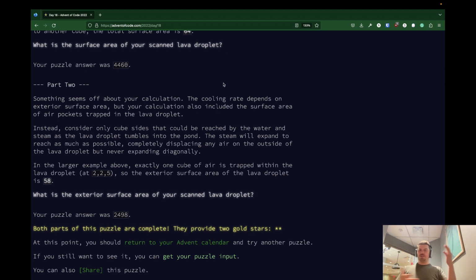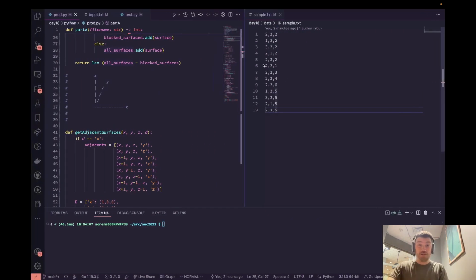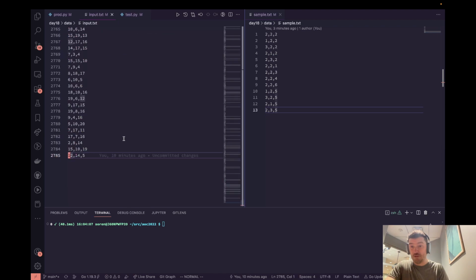And then I couldn't work it out. But what I ended up doing was I realized that even though there are a lot of points, almost 3,000 points in the input, they are all within a relatively small area, 20 by 20 by 20-ish, I think.